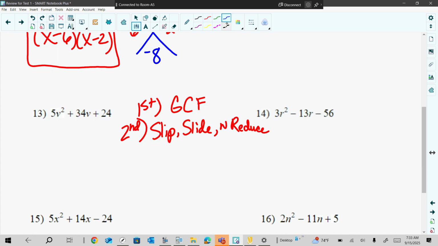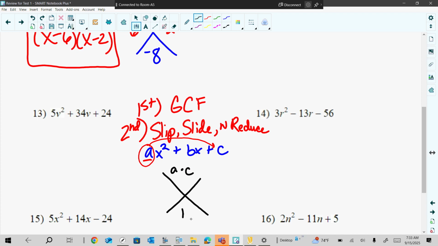Because our trinomial is going to be of the form ax squared plus bx plus c. Because we now have this a here, that coefficient of the x squared is what we're sliding to c. So our X puzzle is going to be a little different now, because now it's a times c, but the b is still at the bottom.